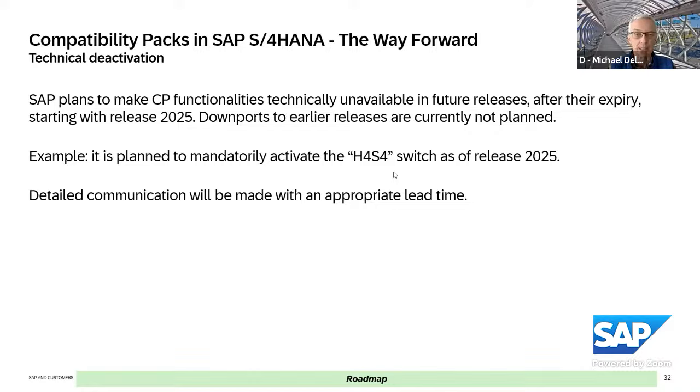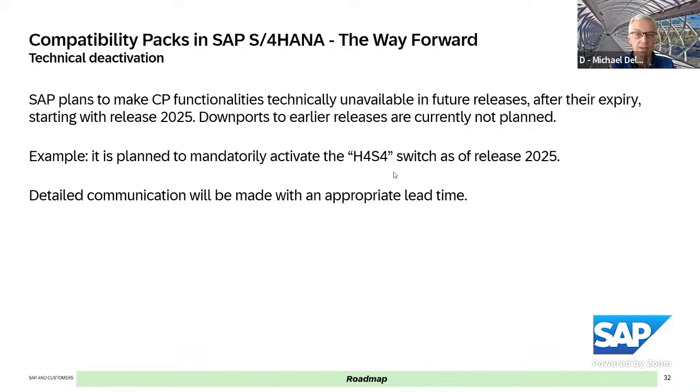As you can see in the disclaimer below, this is roadmap information, planned information, which can change at any point in time. But the one thing which we are pretty confident will come, and you can also already read that in the respective note of our HCM colleagues, is that we will set the H4S4 switch for the new human capital management in S/4HANA to always on.